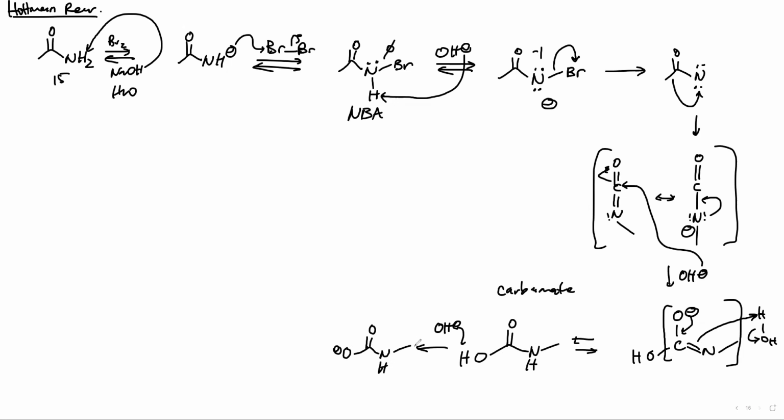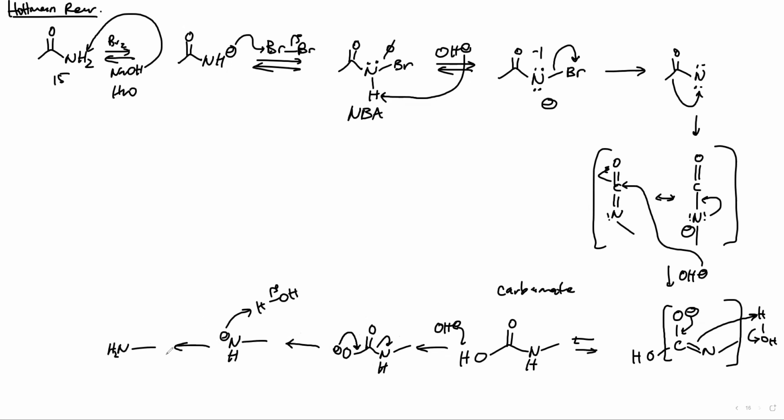It might be different than what your textbook does. When we have this here, this O minus can come down to form CO2, and then this N minus gets electrons. So we'll have N minus. This will immediately grab a proton from water, and what we get is NH2.